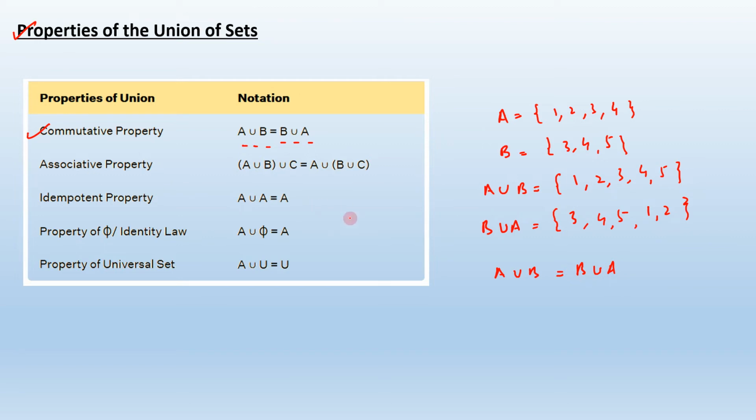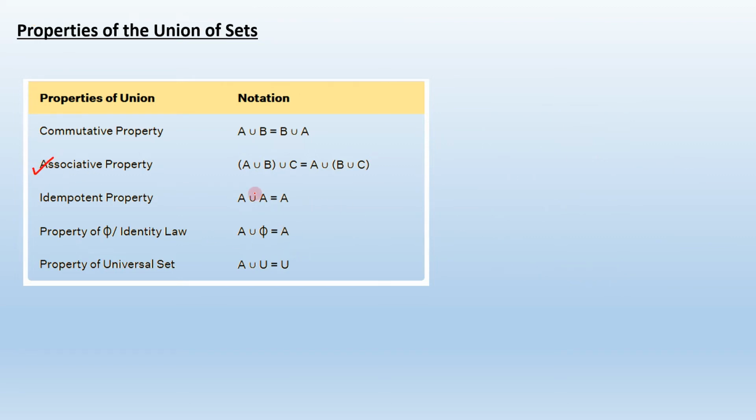So next property is called associative property. So here we'll talk about the grouping. So here we are having (A union B) union C is same as A union (B union C).